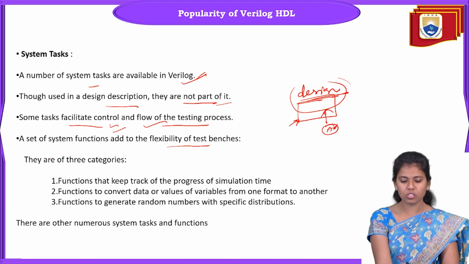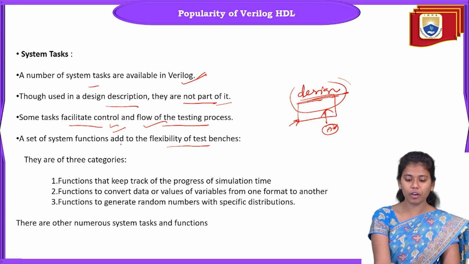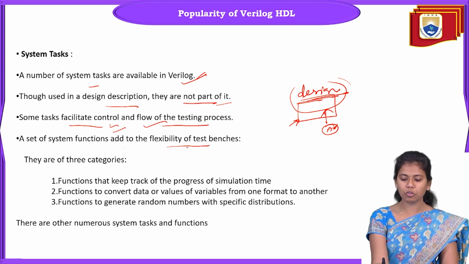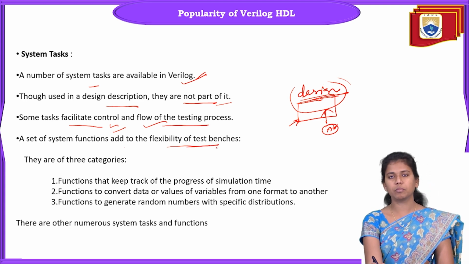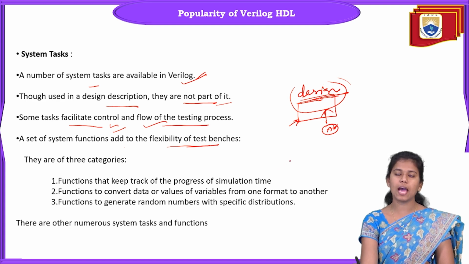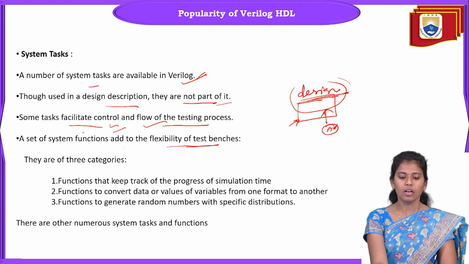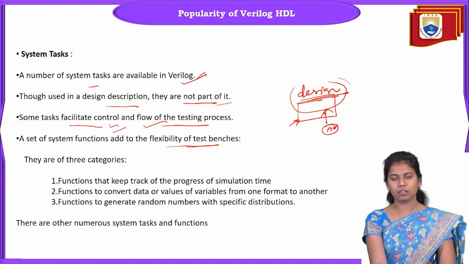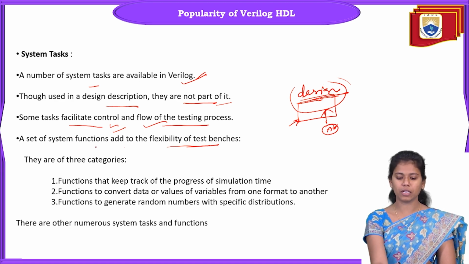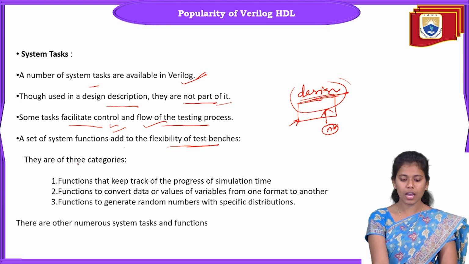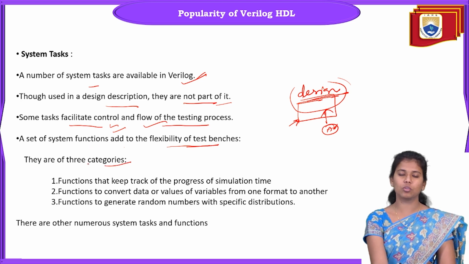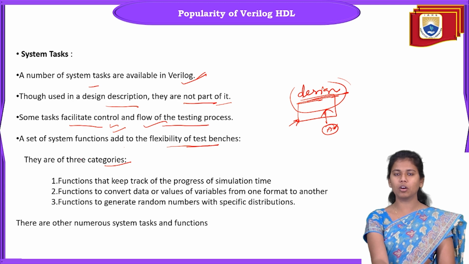The set of system functions adds to the flexibility of the test bench. As per the flexibility and convenience of the test bench, the task can be done in this particular HDL. So the system tasks fall within 3 categories.